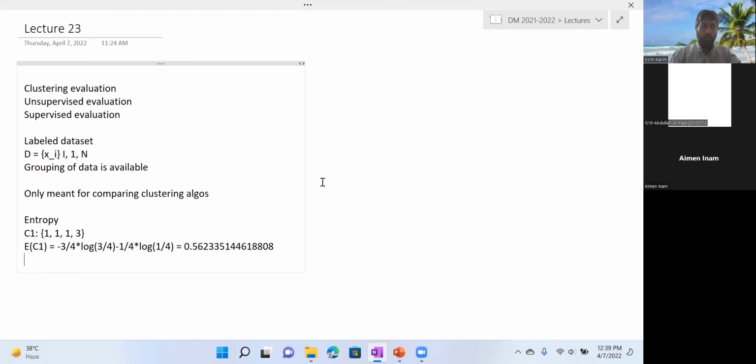So in this way, you can compute the entropy of each cluster. And then, of course, you can find the entropy of the entire clustering as the weighted average. So let's say we have 2 clusters. The first, C1, had 4 objects, and C2 has 6 objects.